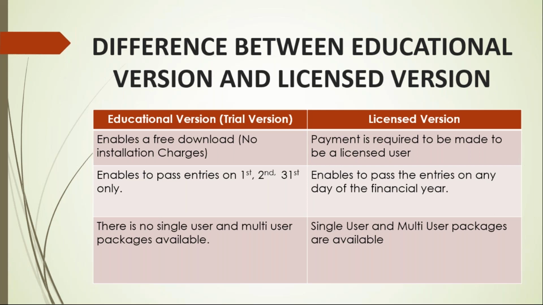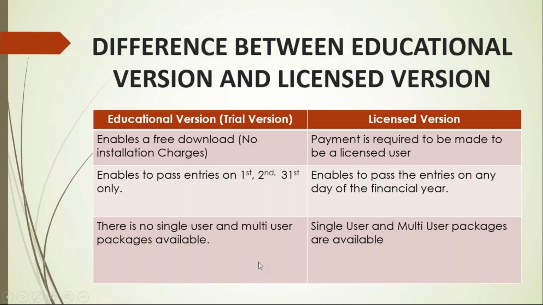But if I'm a licensed user, whatever the date of the transaction is, that date I can put in the entry. So date is not a restriction. If I'm a licensed user, any day, any date.